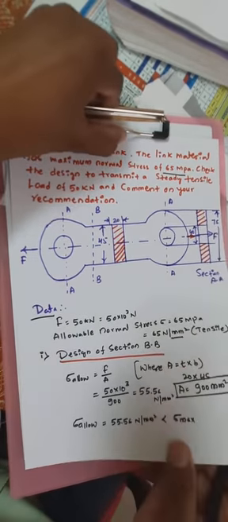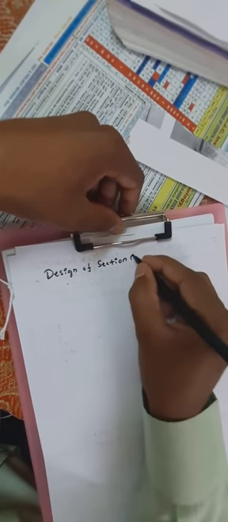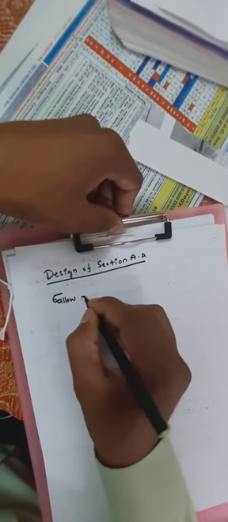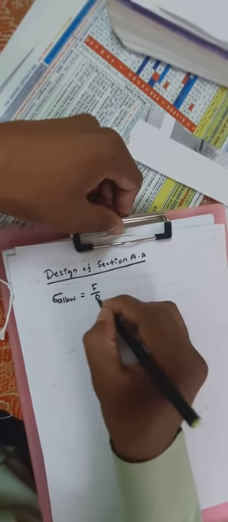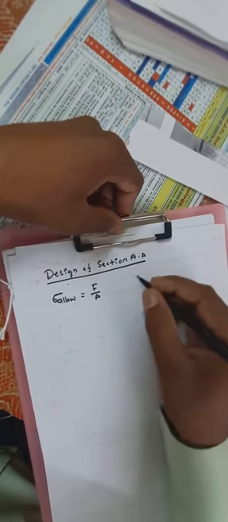Next, let us consider the design of section AA. Here sigma is equal to F by A, and here also we need to find the area.